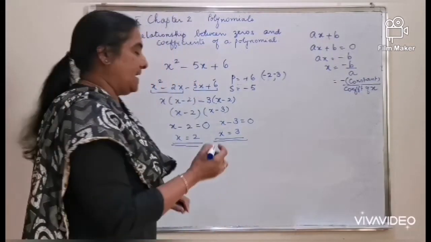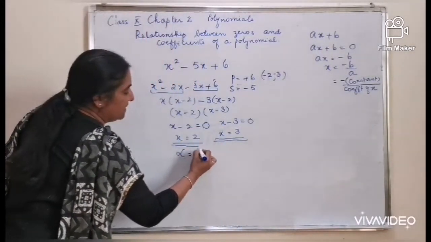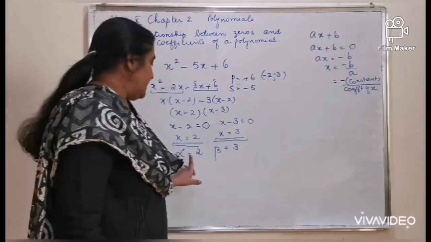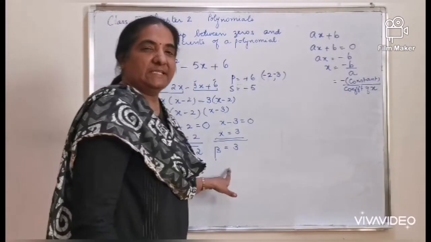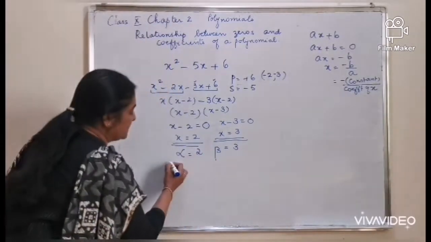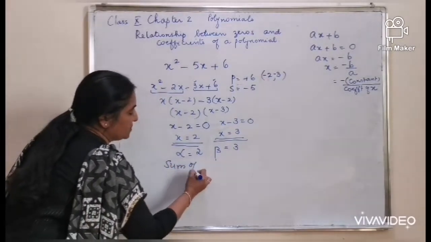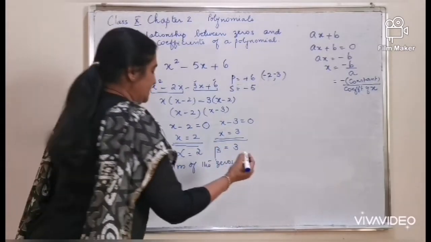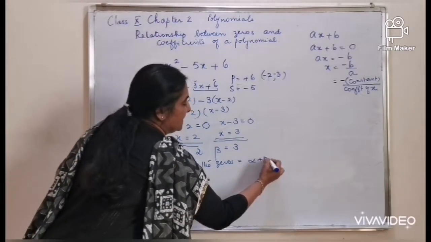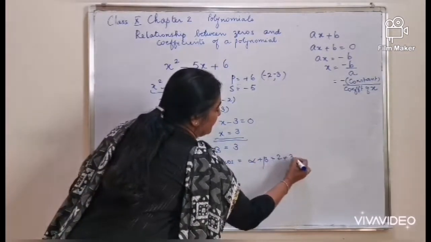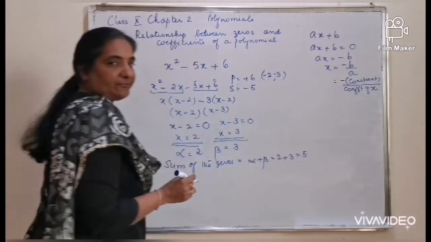Let us call them alpha and beta. Let alpha is equal to 2 and beta is equal to 3. What is the sum of the zeros? The sum of the zeros is alpha plus beta, which is the same as 2 plus 3, which is equal to 5.